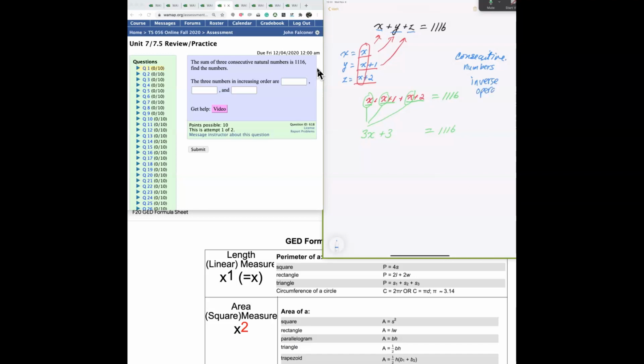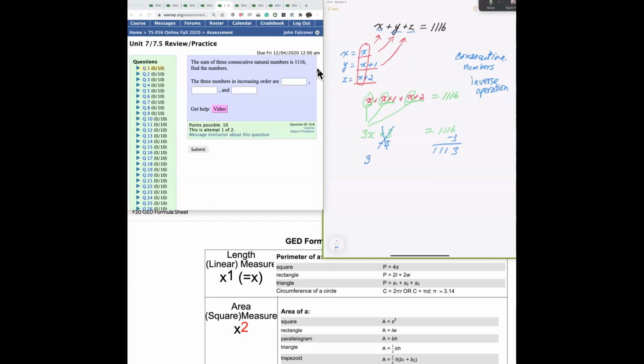If you look for these at Khan Academy, consecutive number problems or inverse operation, they will explain what that is. Basically, using inverse operations removes the guesswork. We have a plus 3. We're going to do the inverse and take a minus 3. And we're going to subtract 3 from both sides. On this side they cancel out, and on this side they leave 1,113.